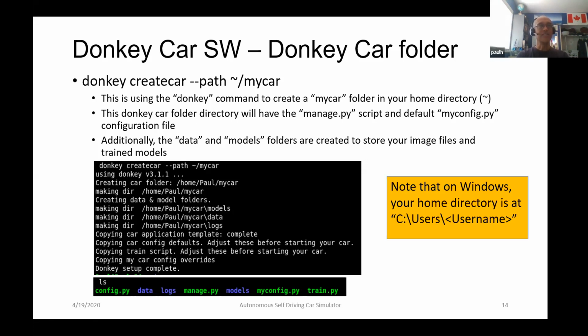I think the defaults will work with the standard donkey car, but if you're different from the default, you need to go in there and update that. And that's where, I guess, understanding what these config items mean is important.